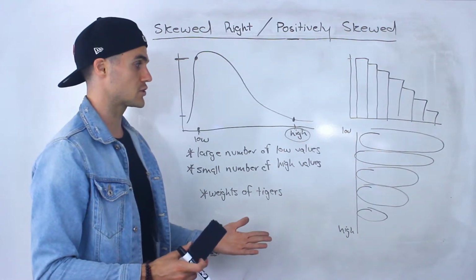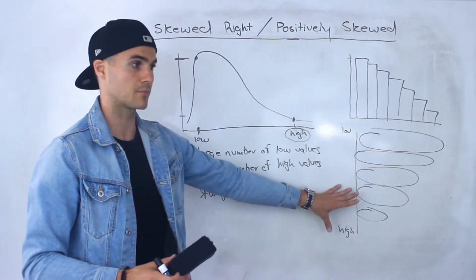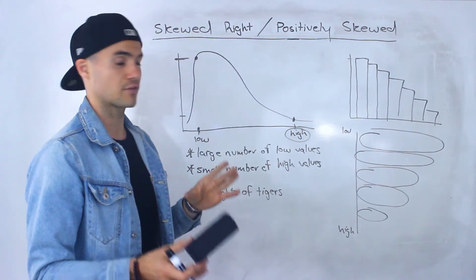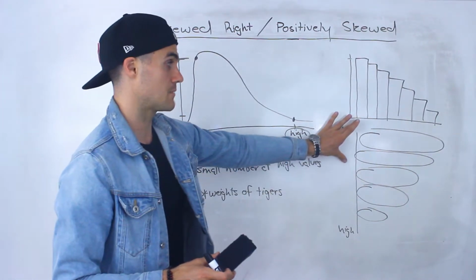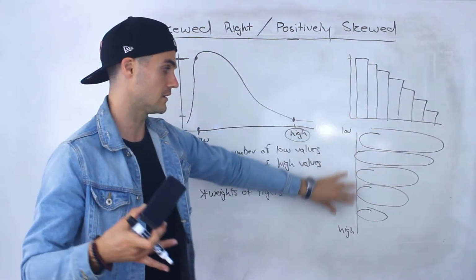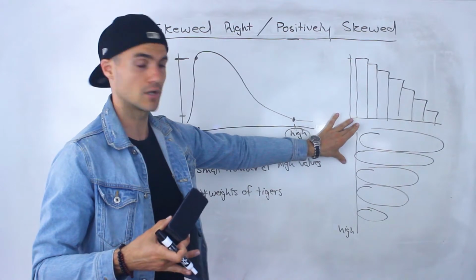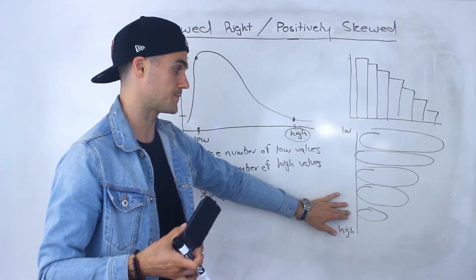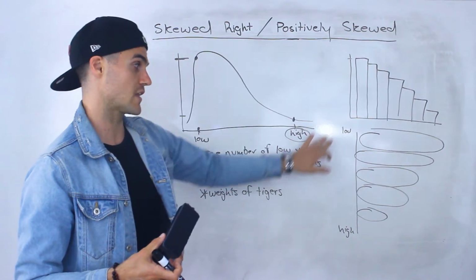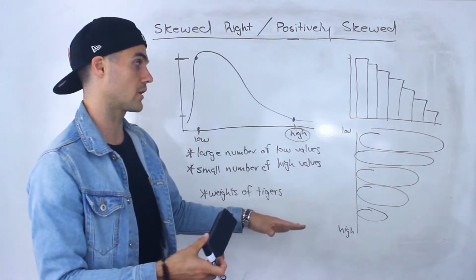First thing we got to make sure is that all the tigers sampled were the same age or around the same age, because if they're not, then it might make sense that maybe you're looking at younger tigers that haven't fully grown yet. You're looking at more younger tigers and then a smaller number of older tigers. But if they are the same age and then this happens, then what's going on?